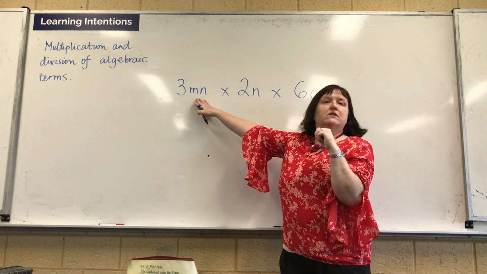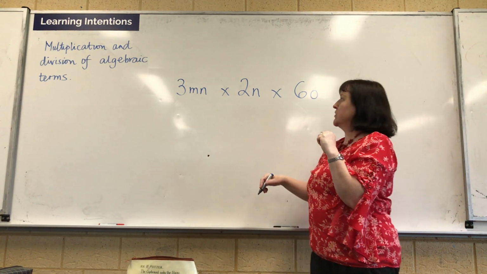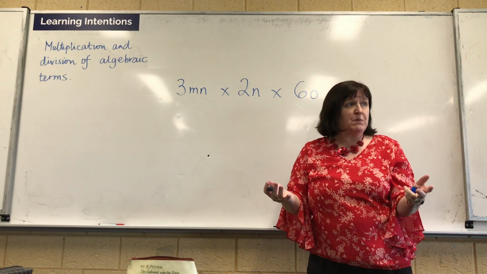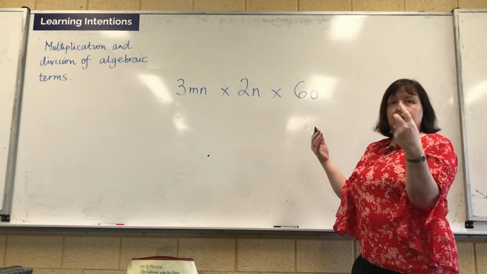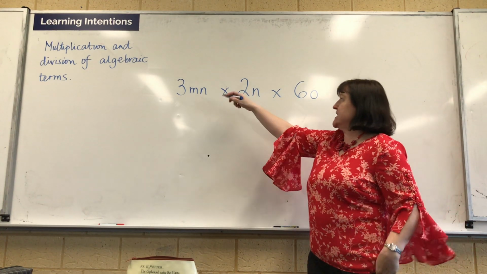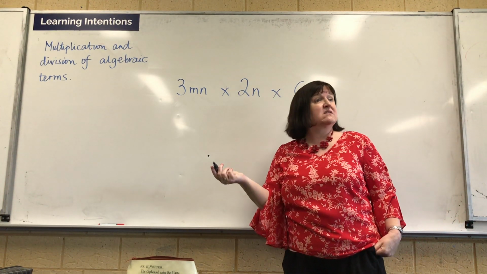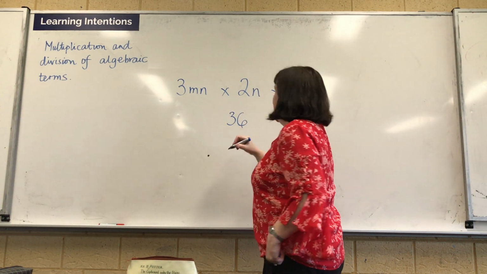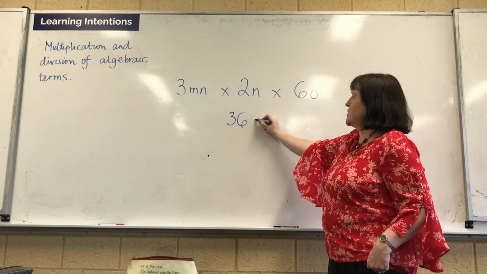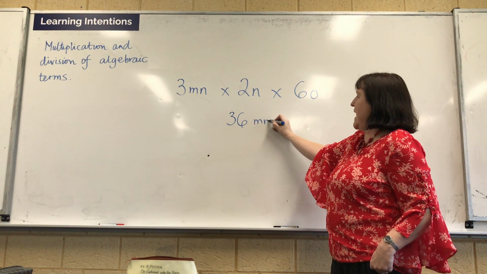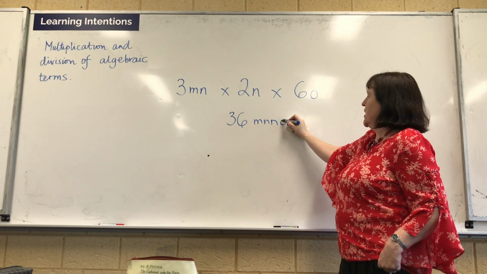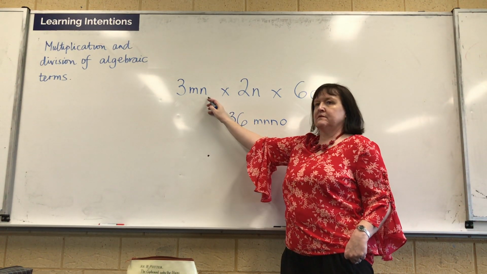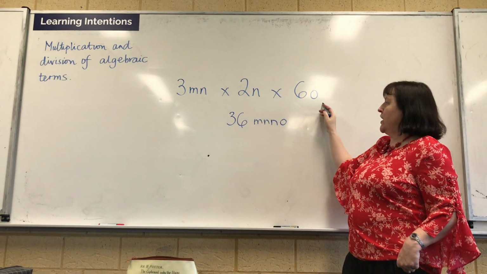This one's got 2 letters in the pronumeral. Again, all of them are positive, so we know our answer is going to be positive. Look at the coefficients. 3 times 2 times 6 is 36. And now what we've got to do is look at the pronumerals, so we've got m, n, n and o, because you've got mn there, n there and o.